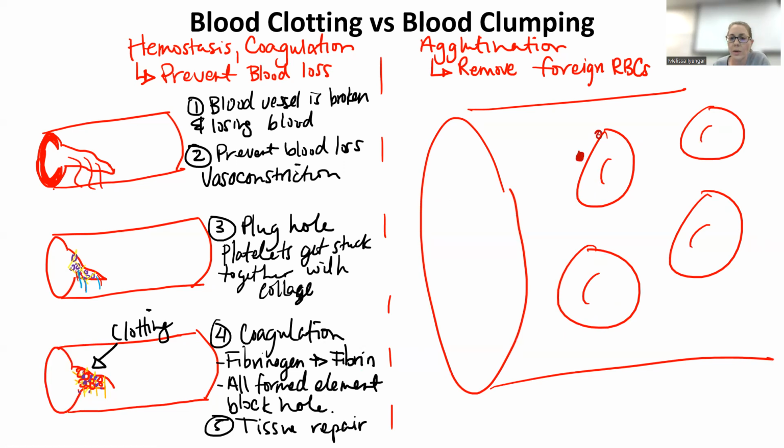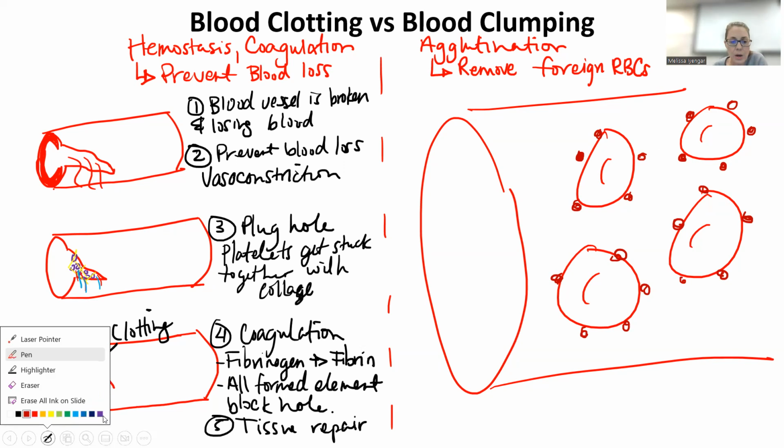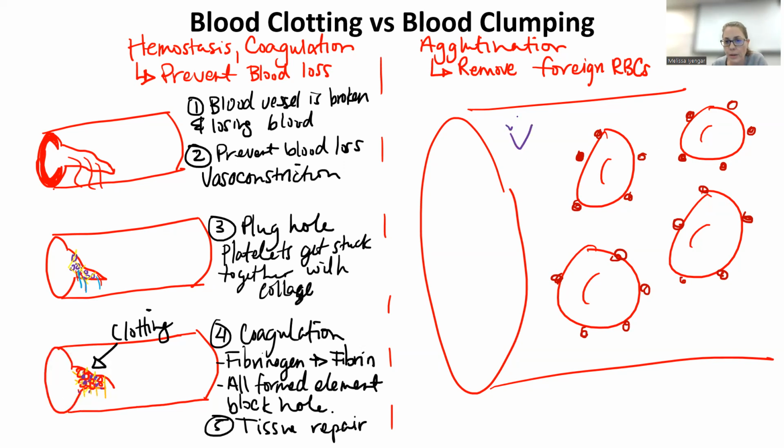So let's just say we have some A antigens here, kind of going along with what our patient had originally, which is A negative. And their antibodies are for B. So we've got these B antibodies floating around.